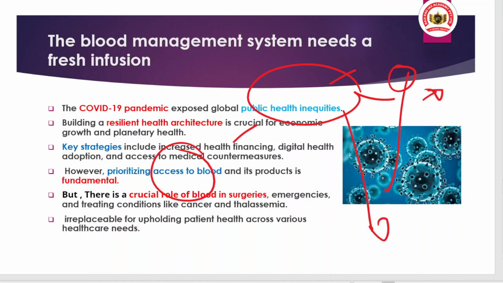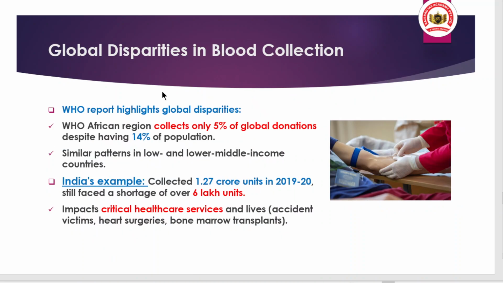And you are well aware of various incidents of accidents, death, and damage to the body and many more things which require blood supply, which require blood availability. So it is indispensable for upholding patient health across various healthcare needs.